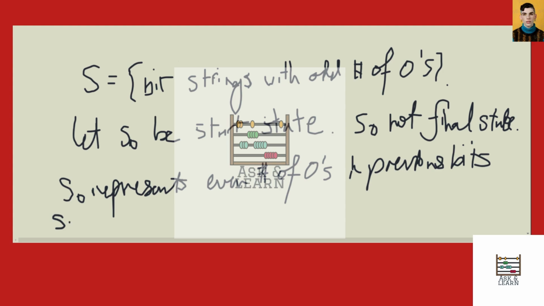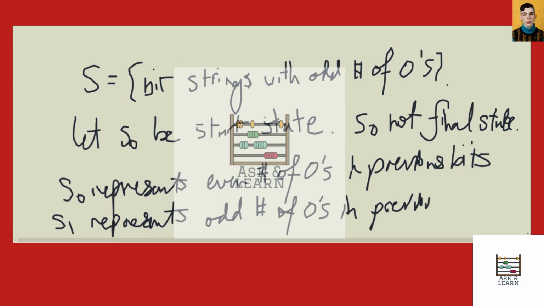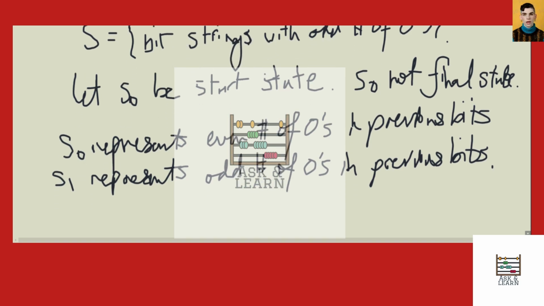And we have that S1 represents there were an odd number of zeros in the previous bits. And therefore it follows that S1 is a final state.